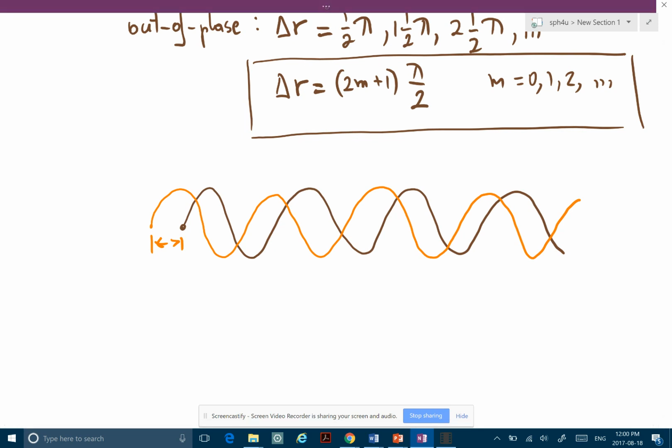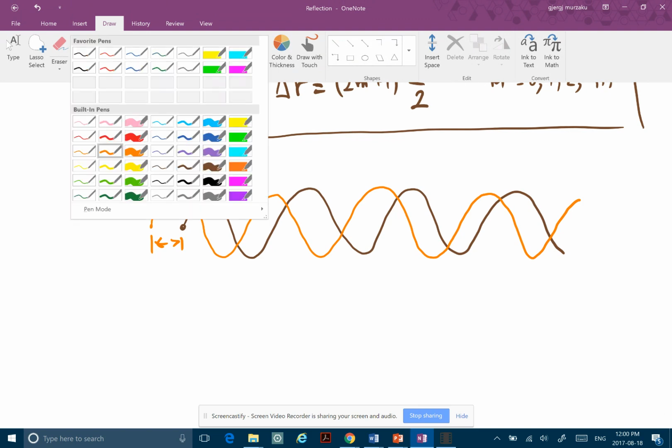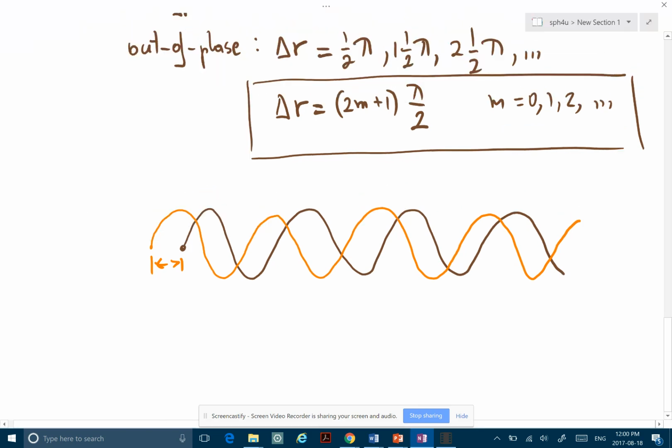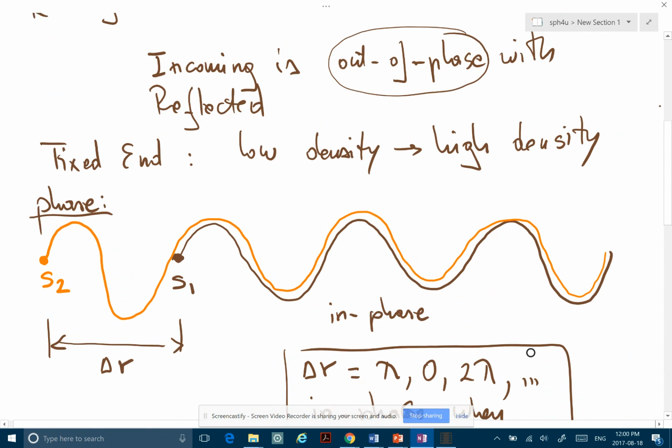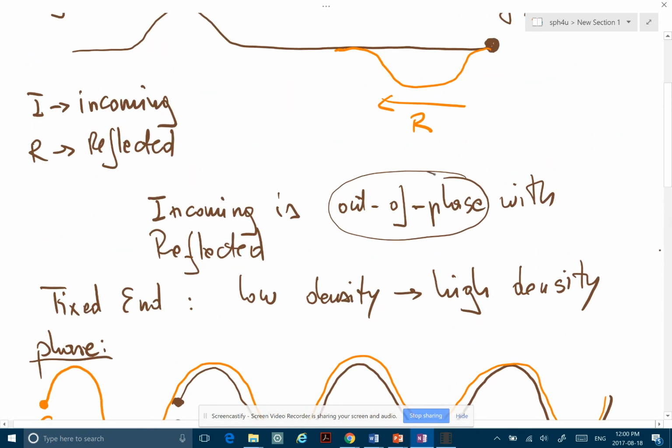All right. So now let's go back to our reflection. So remember, we were here. Since we used that term, I want to make sure that we cover that. So remember, when you're going from low density to high density, or a fixed end, the incoming wave is out of phase with the reflected.